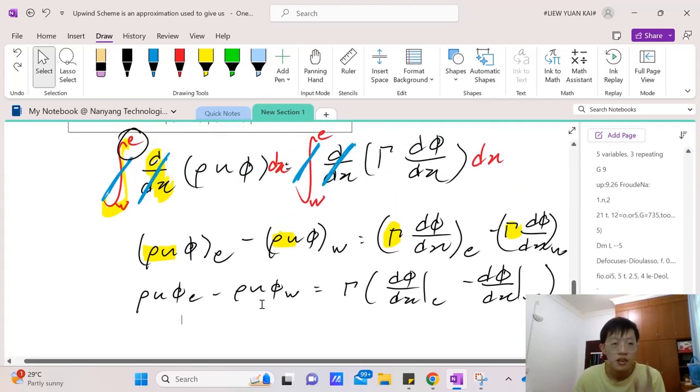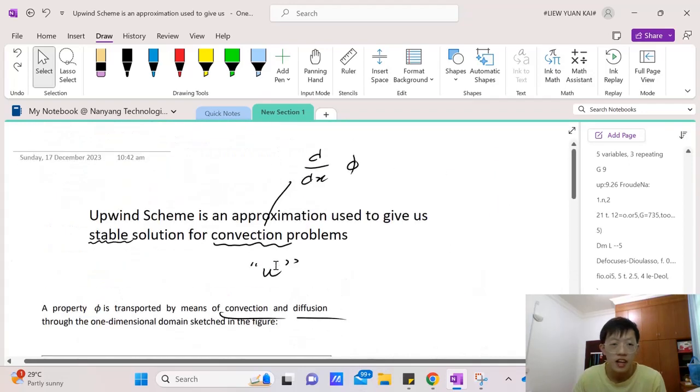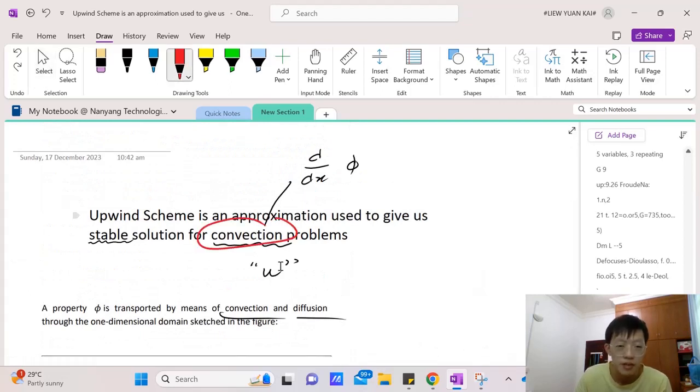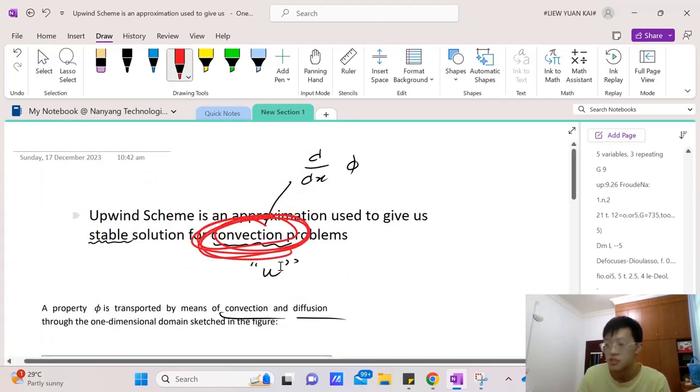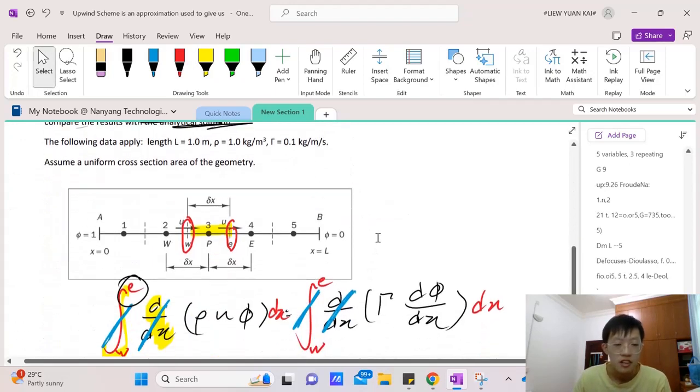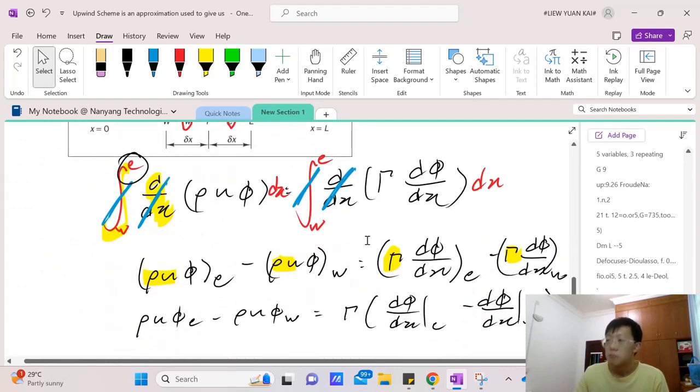Now, pay attention. Remember earlier I said that we have to be clear about which terms are the diffusion term, the conduction term, the convection terms, and so on. Why? Because depending on where the terms come from, that is how we do our approximation.